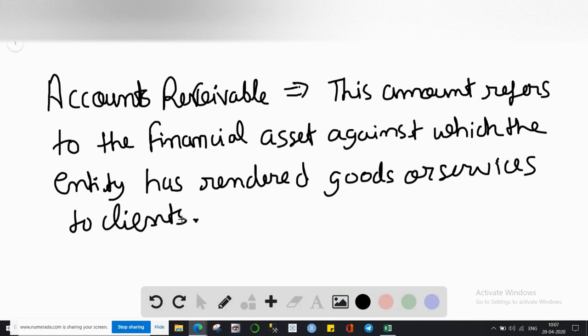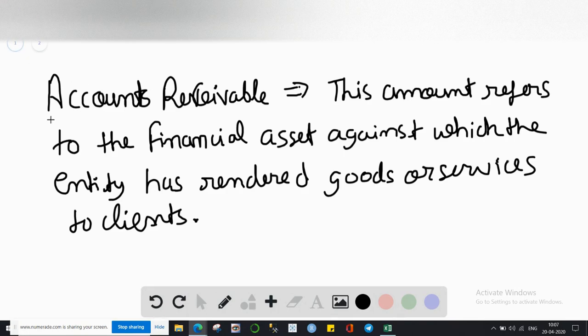Okay, so we have written the actual traditional definition of accounts receivable. However, we will understand it through an example also.